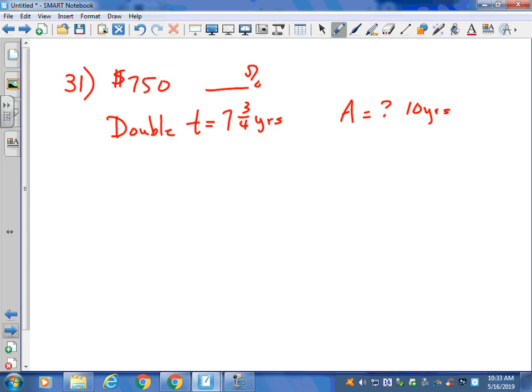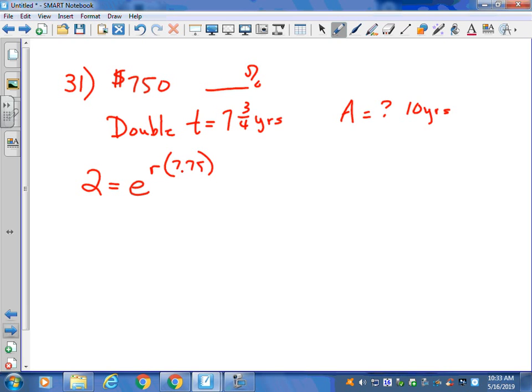And then after I figure that out, I can go do the 10. So, again, if you're going to double your money, 2 is going to be equal to the E part of the PERT formula. I don't know R, but I know this is 7.75 for T. Does everybody agree with that?